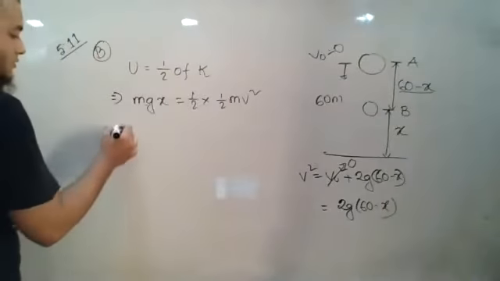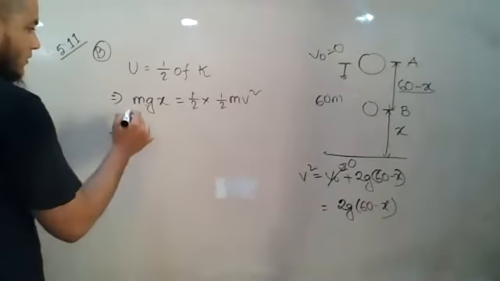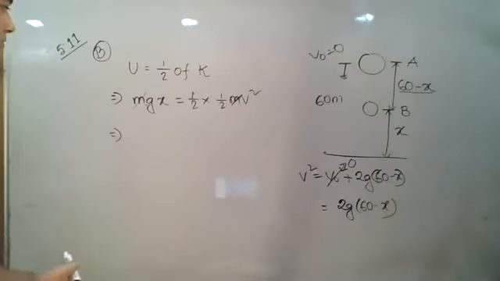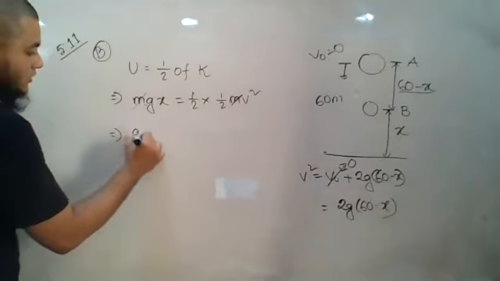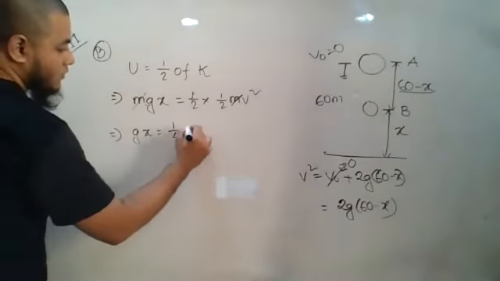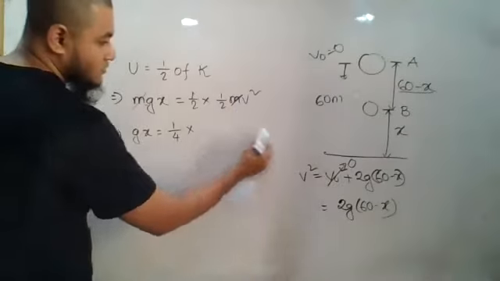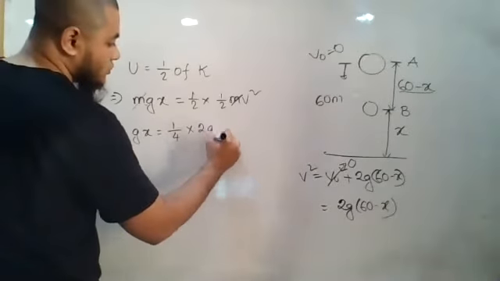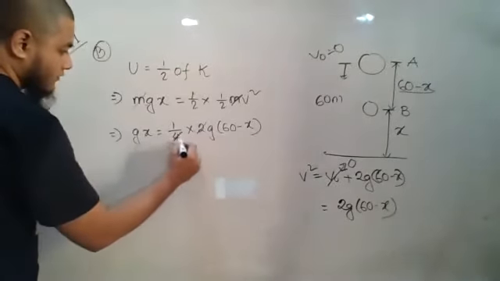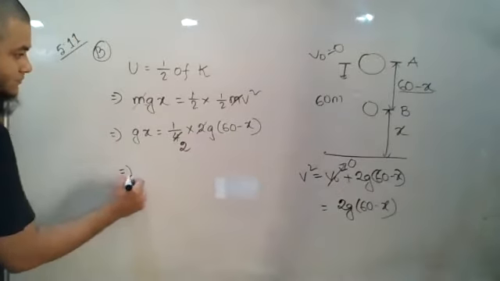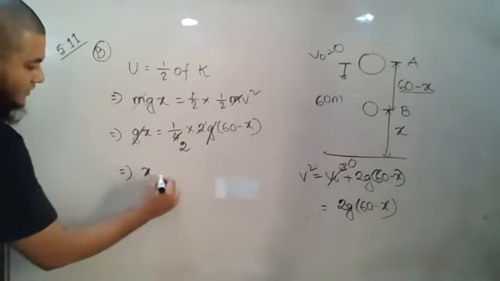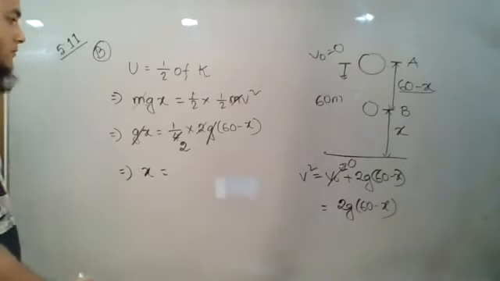Now let us replace those values over here. From both sides I can cancel m and m. If I divide both sides by m, it will be gone. Here it will be gx equals 1 by 4 into v square, which will be replaced by 2g into 60 minus x. Now I can cancel the 2, and both sides are divided by g. I want to find the value of x only.